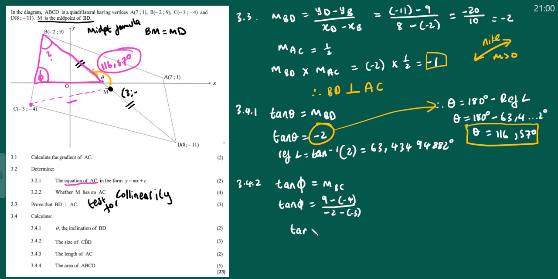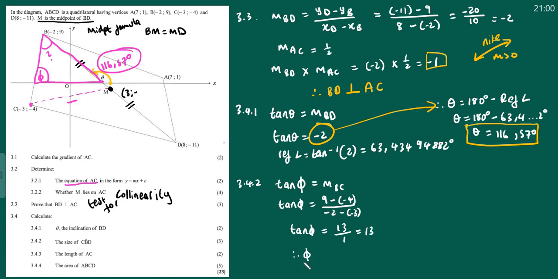That means tan phi would be equal to 9 plus 4 is 13, over negative 2 plus 3 is 1. Is it 1?